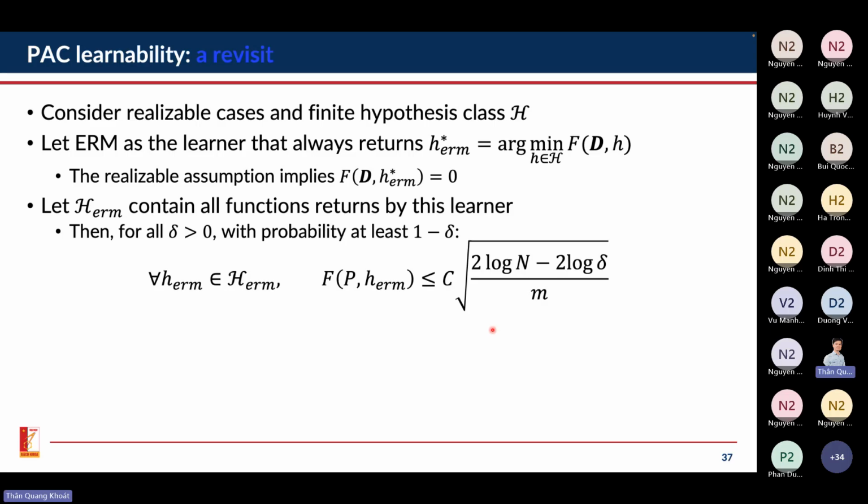And of course, you can see that when the training size increases, this should go to zero. It means that the ERM algorithm can be very excellent, right? It can produce a model with zero error.